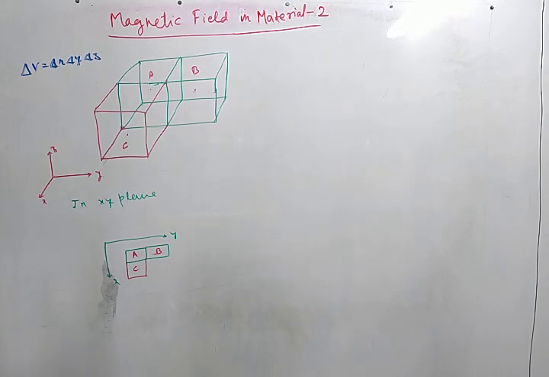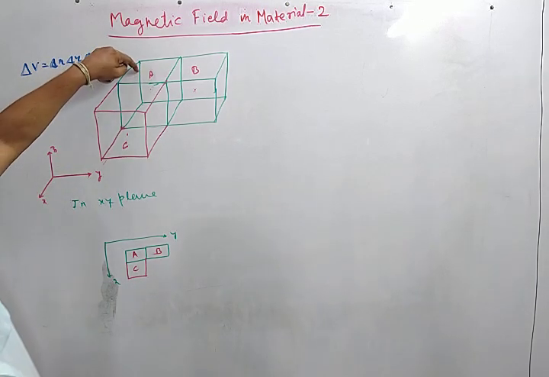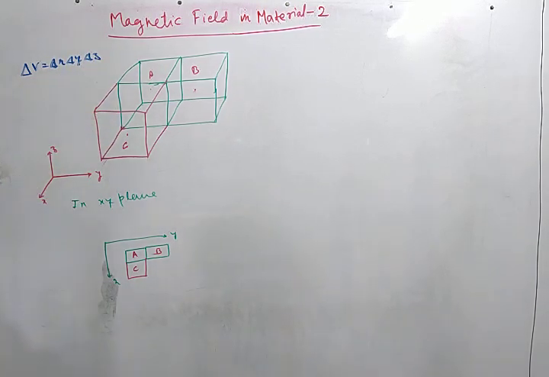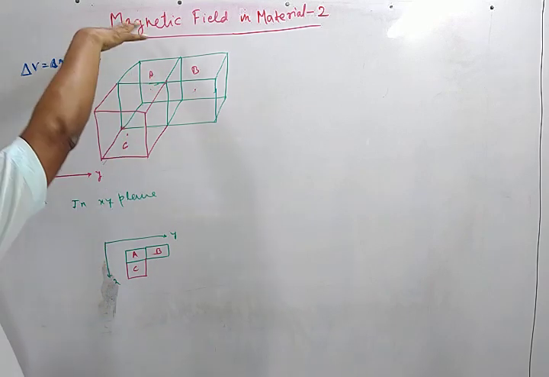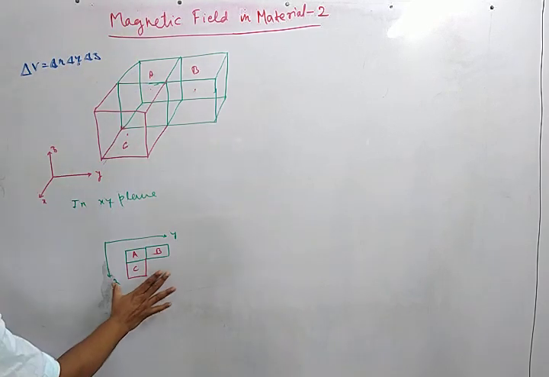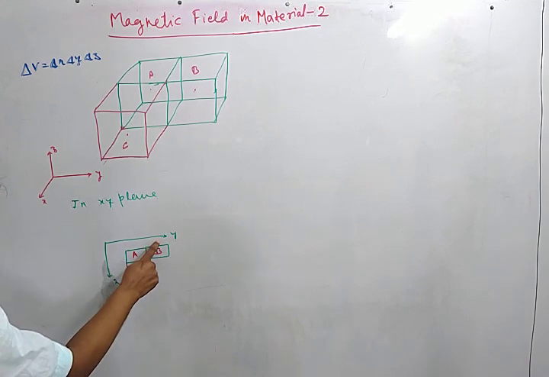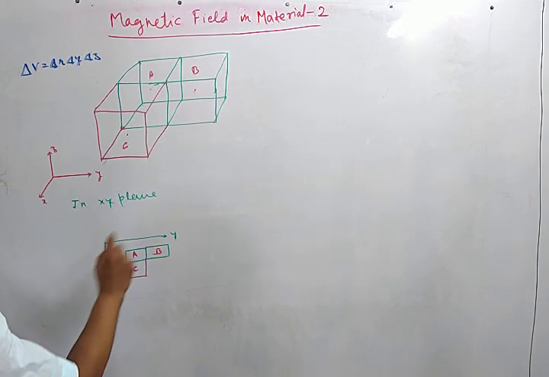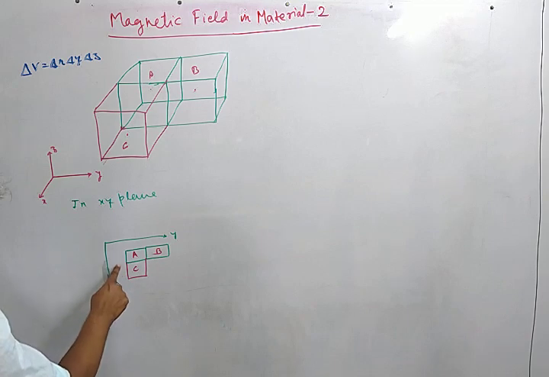We have considered three adjacent volume elements. A and B are displaced along the y-axis, while A and C are displaced along the x-axis. If we take the picture from down the z-axis, it looks like this.